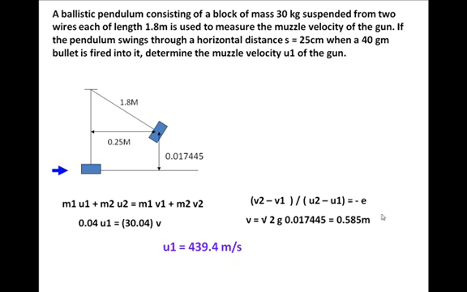There is an error here, but it doesn't matter. When you put this number 0.585 here, you get u1 as 439.4 meter per second. So this is equipment in fact used to measure the muzzle velocity of a bullet. You fire it into a sandbag, see how much it lifts, and then it is calibrated and you get the velocity. Thank you.